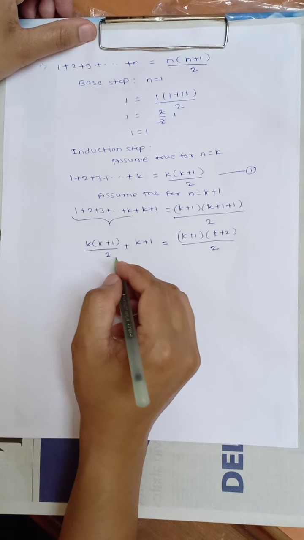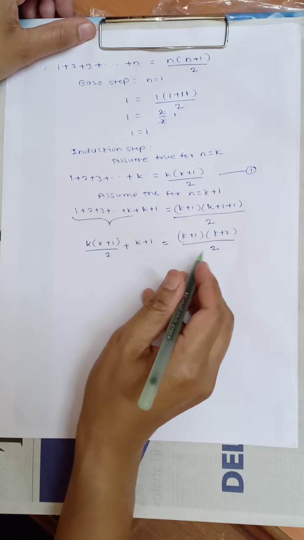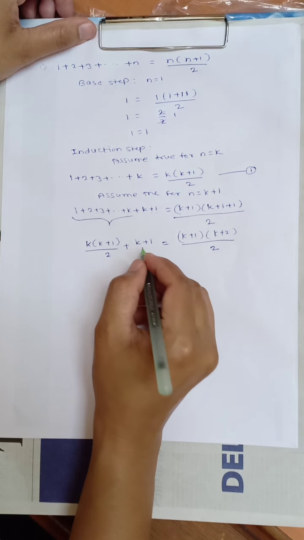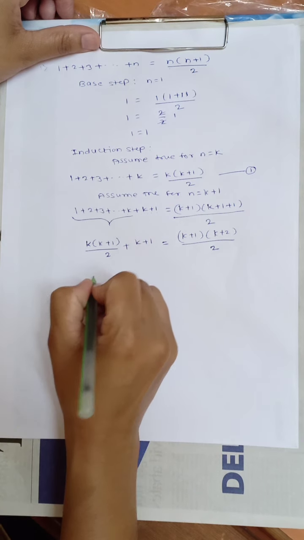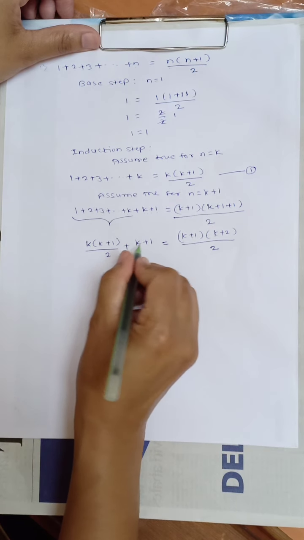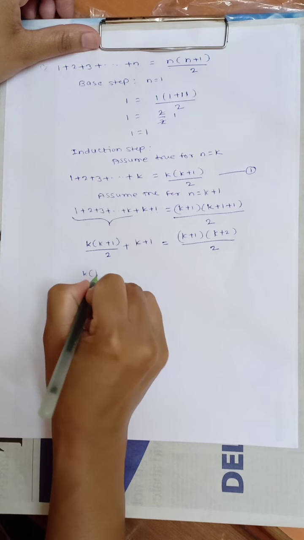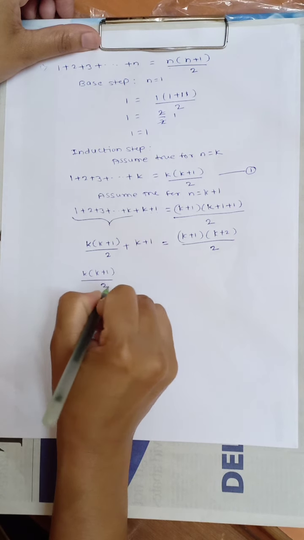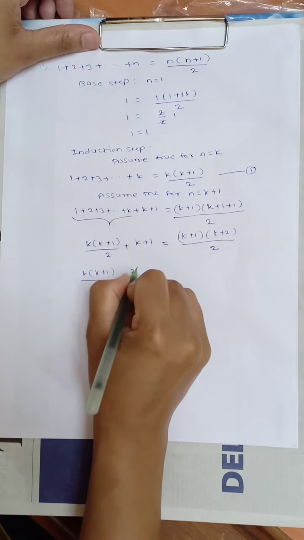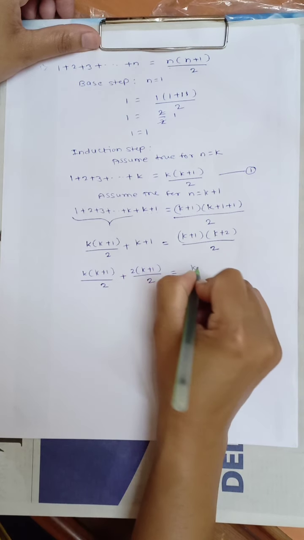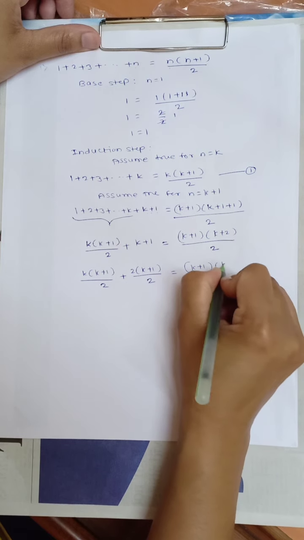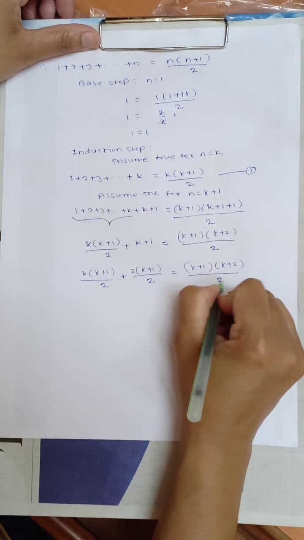Now here the denominator for every term is 2, so multiply and divide by 2 for this term. By multiplying and dividing by 2, we get k into k plus 1 divided by 2 plus 2 into k plus 1 by 2 is equal to k plus 1 into k plus 2 divided by 2.